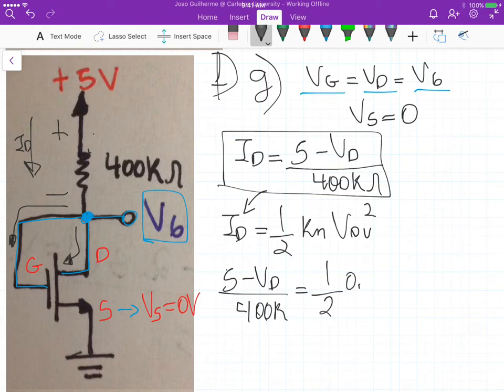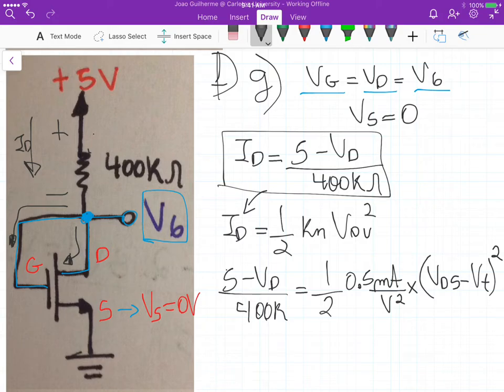So we have 0.5 milli, it's not the process, it's the device, right? Process is prime, so here we are already multiplying by the aspect ratio, so it's milliamps per square volts. And the overdrive voltage is VDS, okay, minus the threshold voltage, squared.